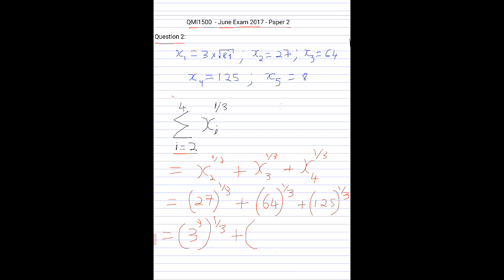So 64 can be put as 4 to the power of 3, to the power of 1 over 3. And then 5 times 5 is 25, times another 5 is 125. So 5 to the power 3 is equivalent to 125.